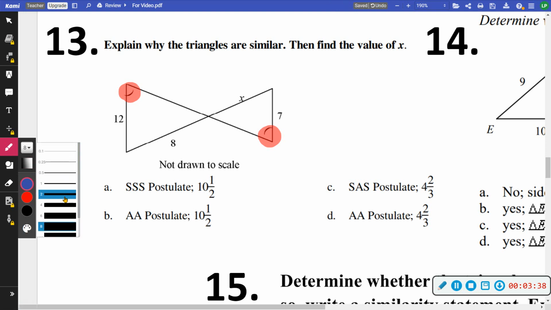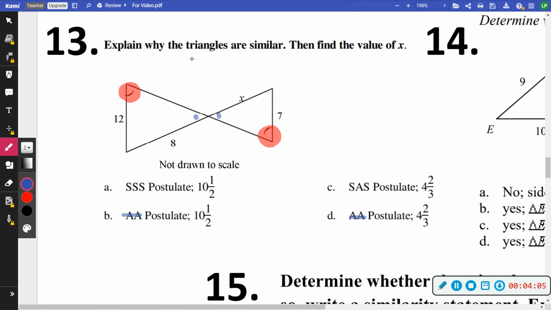And I also know that this angle and this angle are congruent because they're vertical angles. So these are not congruent, but they are similar by AA. Because I know these are similar by AA, I can find the value of x.